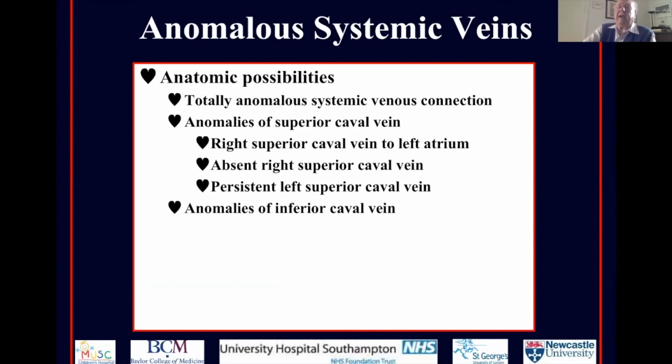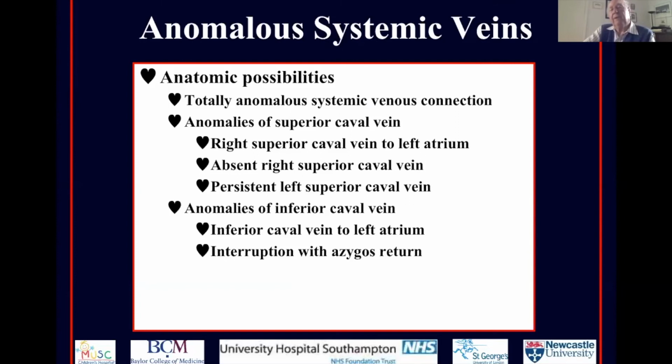The inferior caval vein can be abnormal. That also, on occasion, can drain directly to the left atrium. That is unusual. The one we should be thinking about here is interruption of that inferior caval vein. And then, because as I've shown you, the azygos system provides collateral channels to get the blood back into the superior caval vein, we have return through the azygos system.